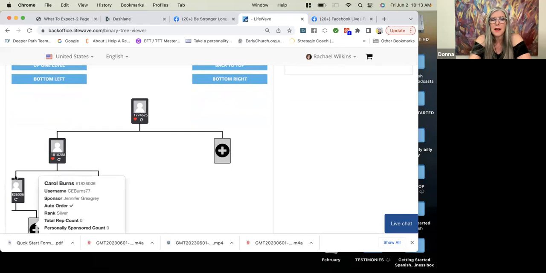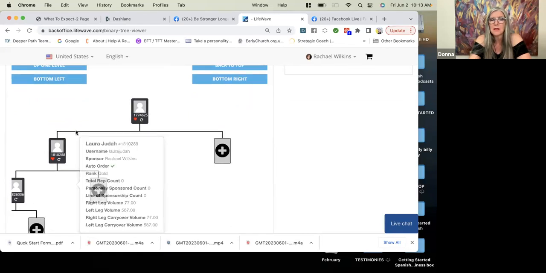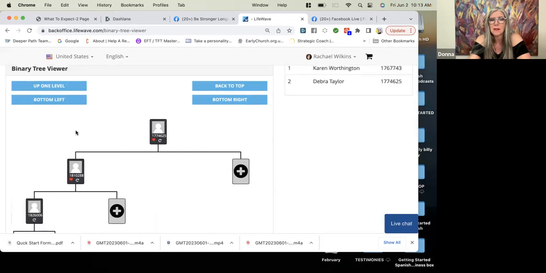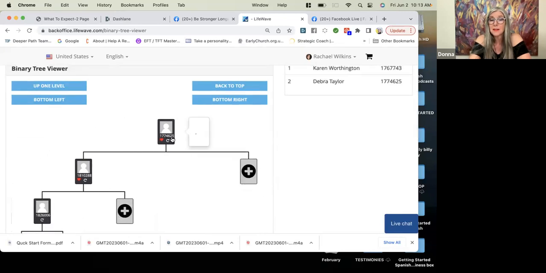Over here on this side, underneath that person, is where we're going to hit that plus way over there. But guess what? This is this person's tree. This is this person's right leg. This is your left leg. All of these are all your left leg. But this is this person's right leg. Not your right leg.